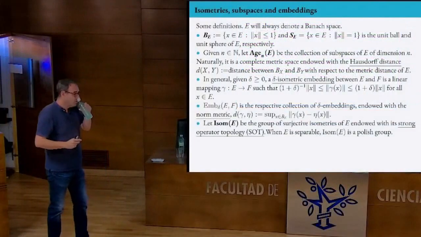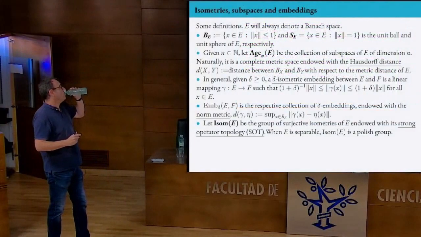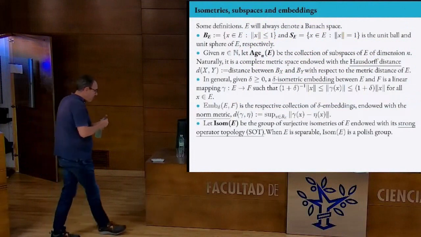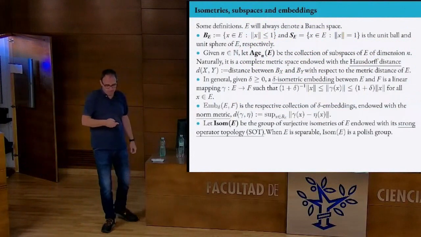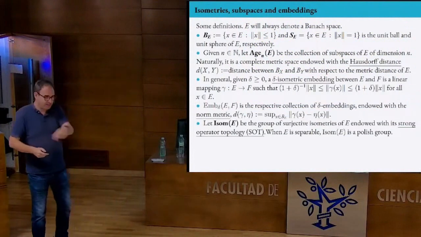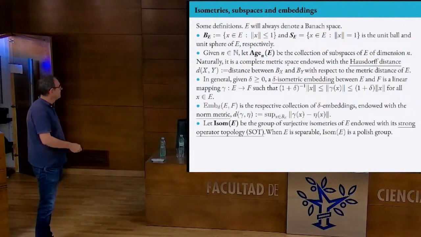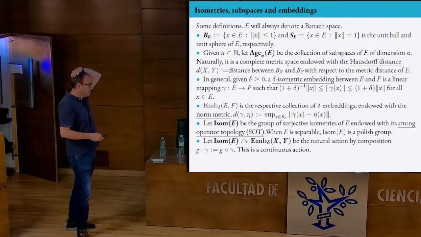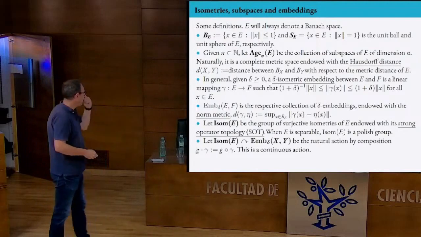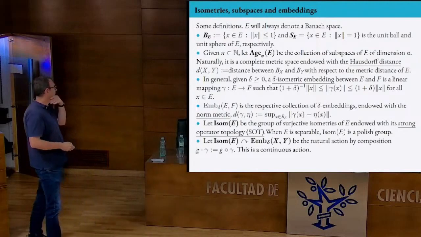Here always we are going to use the strong operator topology, convergence in finitely many points. So this is a Polish group when it's separable, which is interesting for some things.